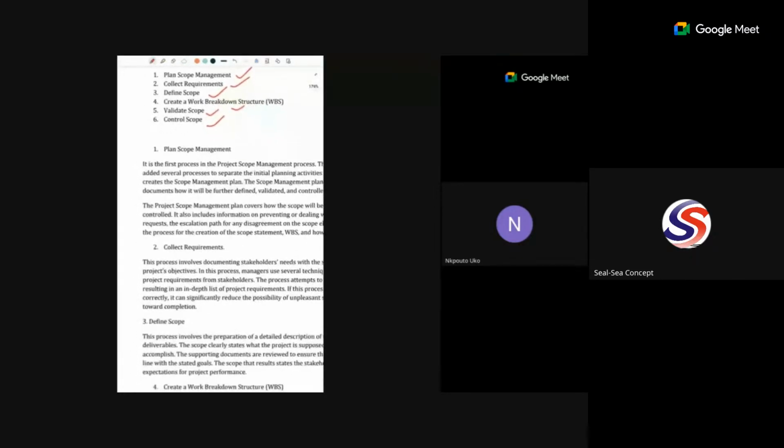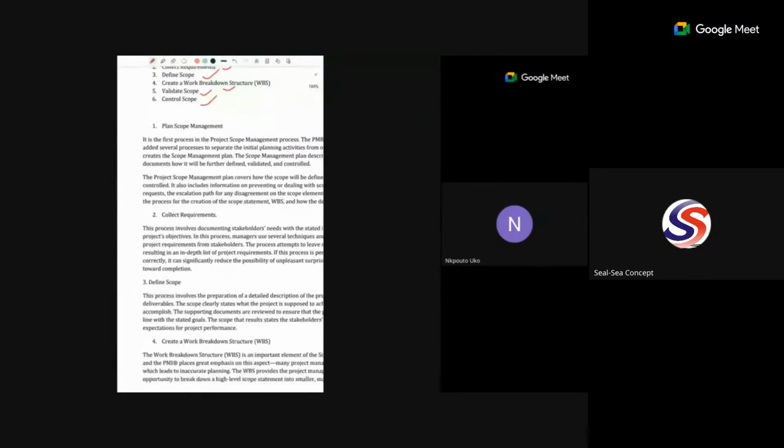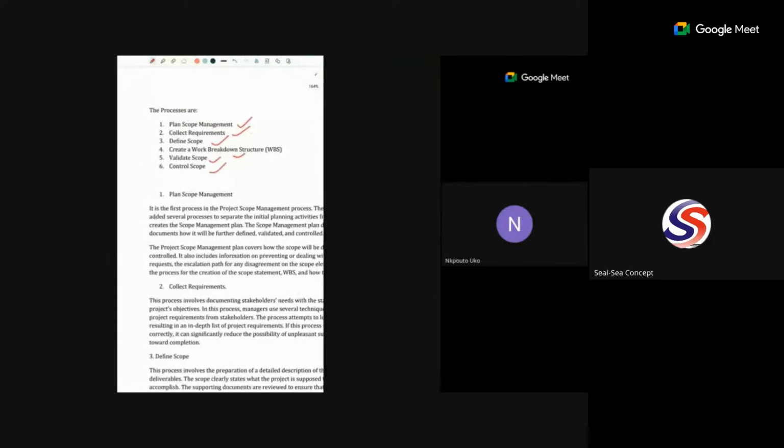In planning your scope, what do you need to do? In planning your scope, you need to know that there are some activities that involve initiation. That's when you are just initiating the scope of your project. So these are the activities that you carry out in order to look at how you will achieve the rest of the 5 processes in your scope management.